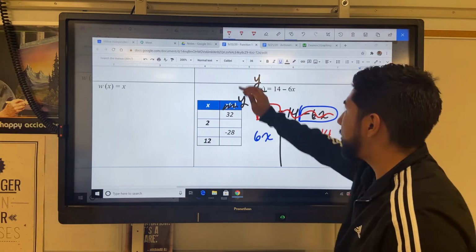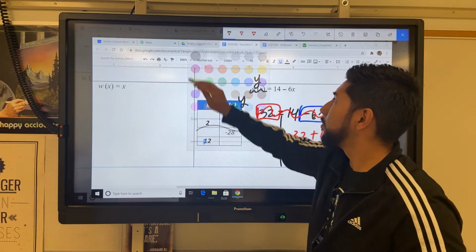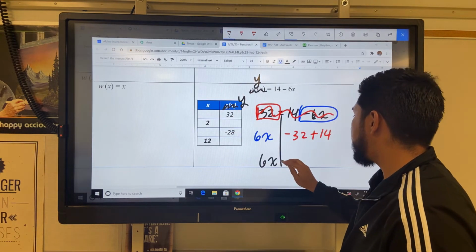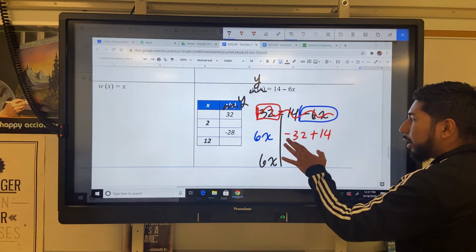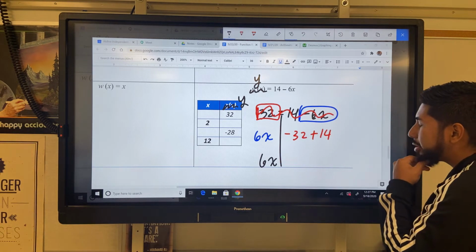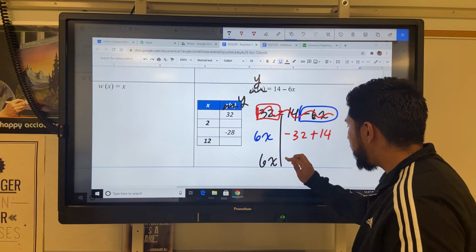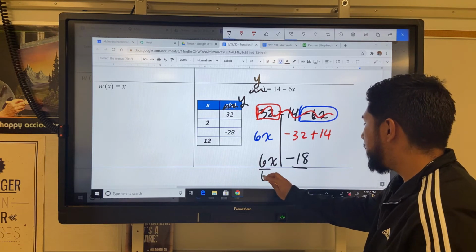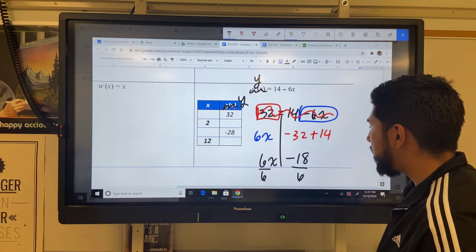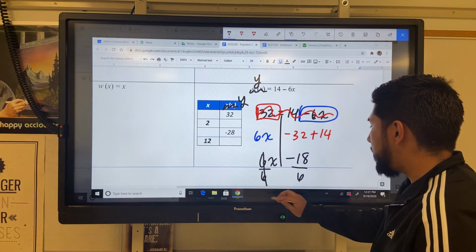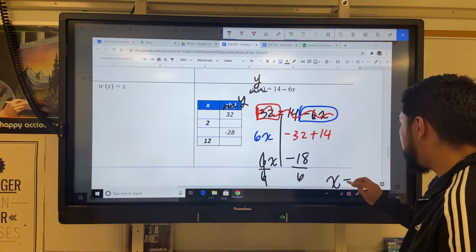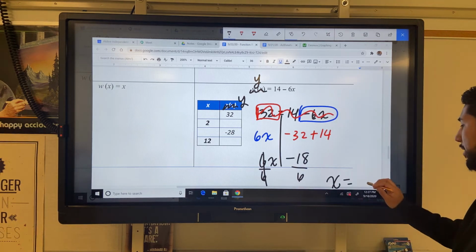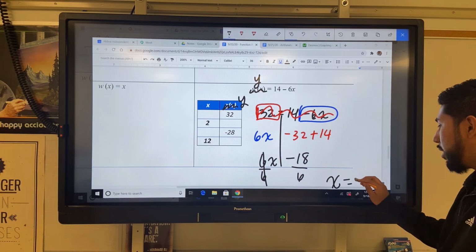Okay, so we got 6x. We're going to put this in your calculator. Negative 32 plus 14 gets negative 18. Last step, divide by 6 by 6. That's going to give me 1. So we have x equals negative 18 divided by 6. Calculator, negative 3.